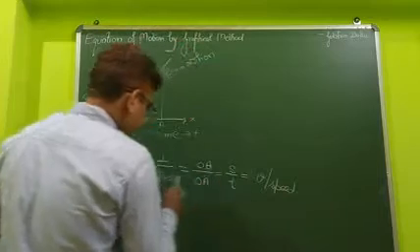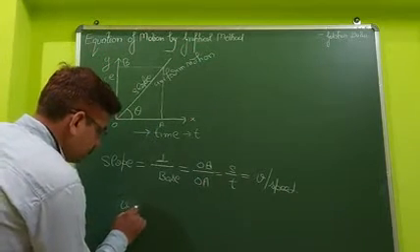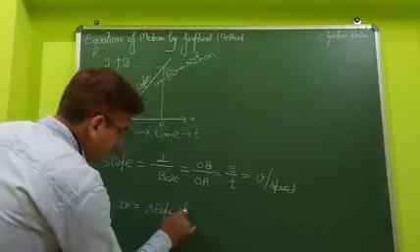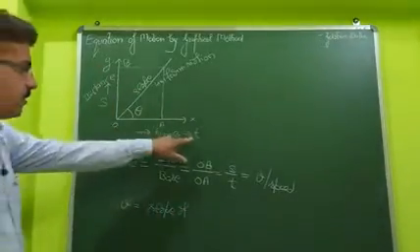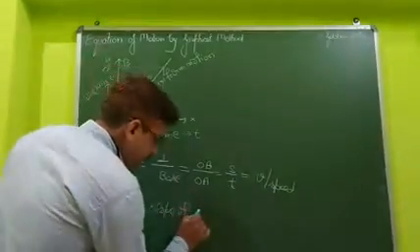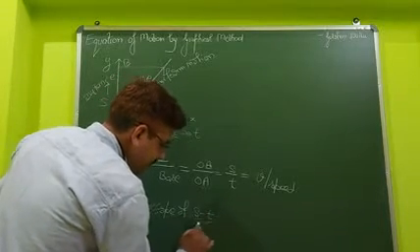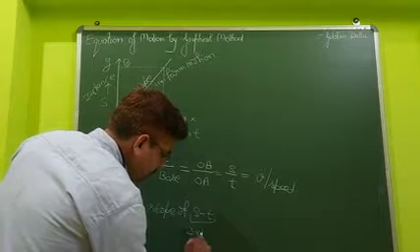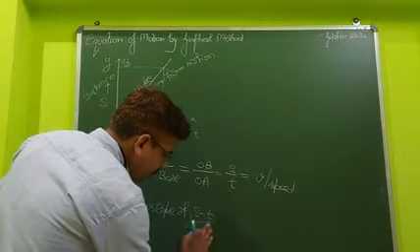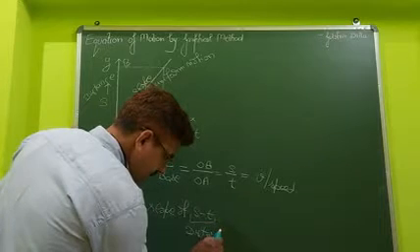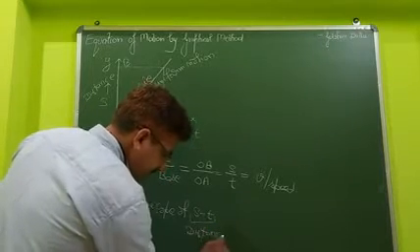So what I want to say is that velocity is equal to the slope of an ST graph, or we can write it as a displacement time graph. Because we have taken distance, we have to write distance time.